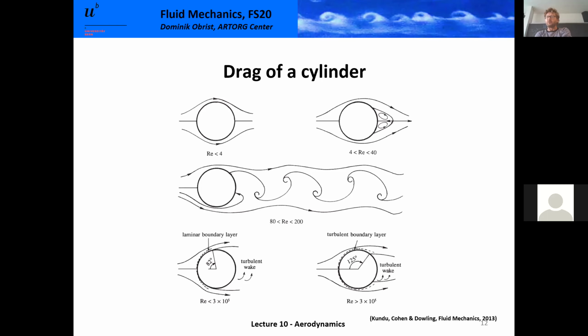So this is where viscosity is dominating. We have symmetric streamlines, but it's not potential flow, it's the opposite, it's viscous dominated flow, but still the streamlines will look symmetric, but we have a lot of friction on the surface of the cylinder.